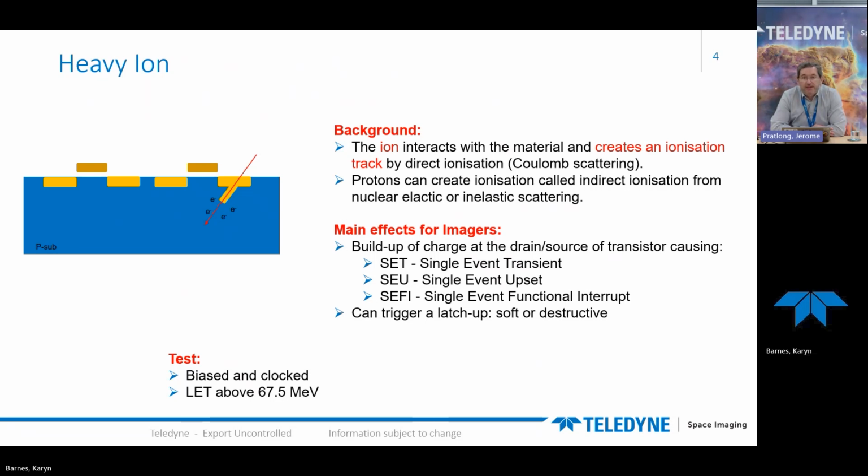But it can also create a more destructive effect that is known as latch-up. The test is biased and clocked. The LET is above 67.5 MeV in general, but can be up to 80 MeV.